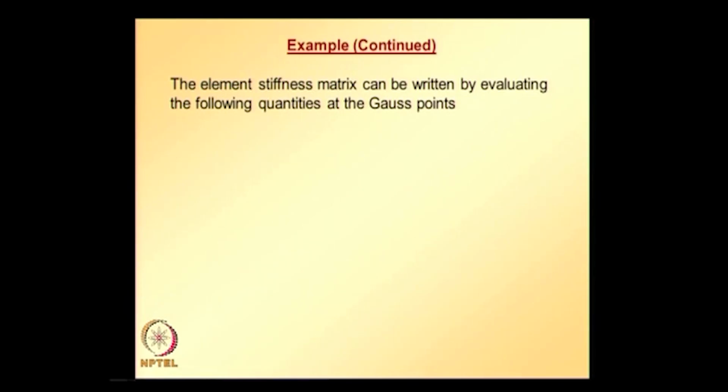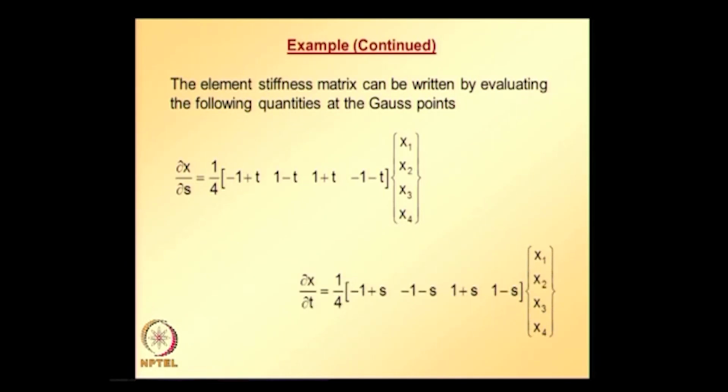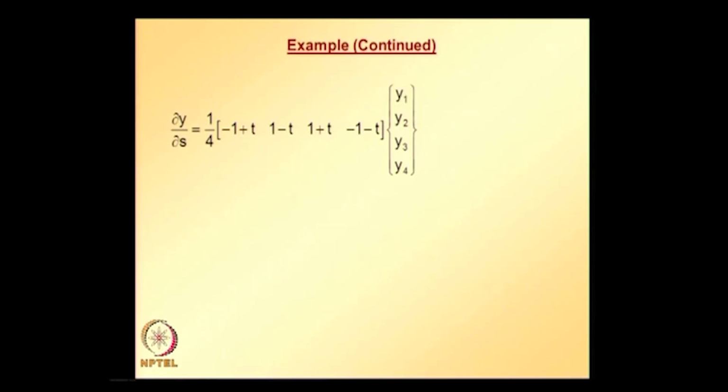The element stiffness matrix can be written by evaluating the following quantities at Gauss points. We are now adopting a 4 node quadrilateral element, so we need to use the 4 node parent element shape functions and find the partial derivative of x with respect to s, x with respect to t, y with respect to s, and y with respect to t.